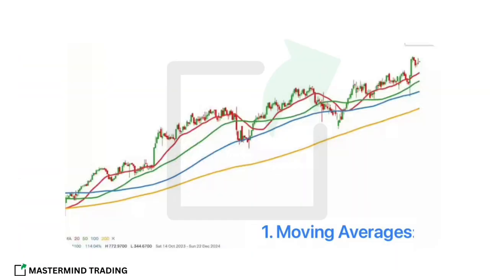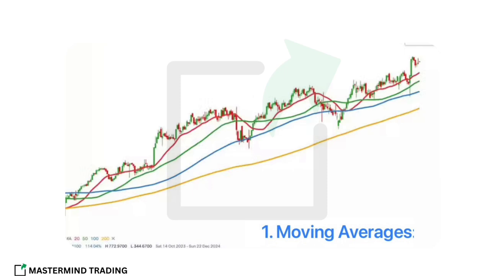First here is the moving average, and the moving average is one of the most commonly used trend-based indicators among traders. What the moving average does basically is it smooths or averages the price of a market over a given period of time.